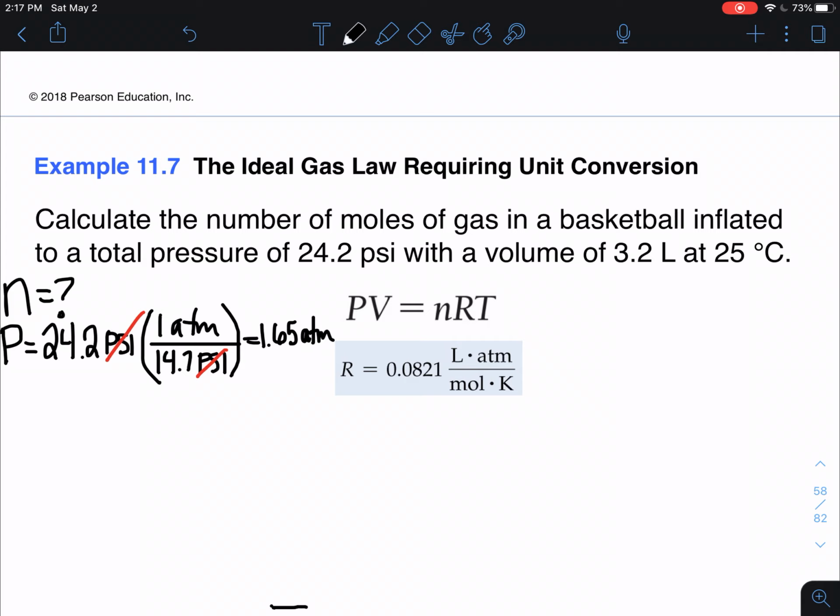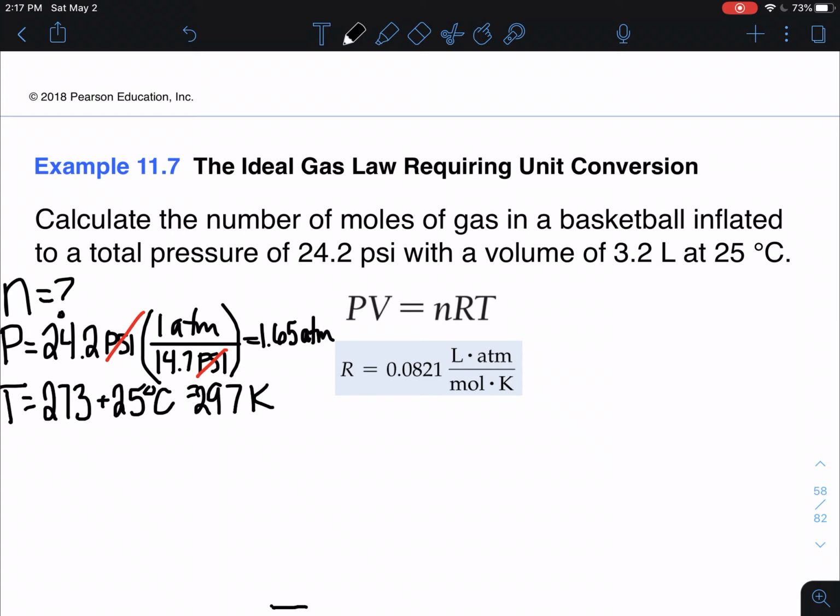Now we also have temperature to deal with. This was given in Celsius, so temperature equals 273 plus 25 degrees C, and that's going to be 295 Kelvin. No, I'm sorry, 297, my bad. Yeah, 297 Kelvin.